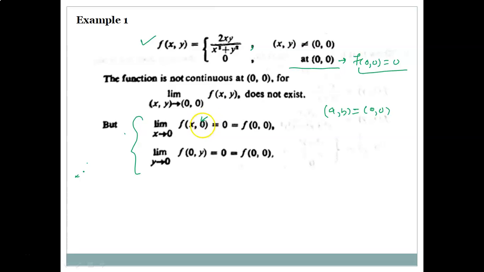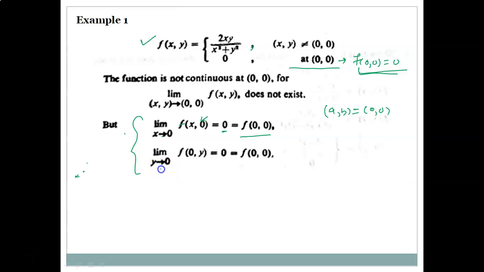When we are fixing the value of y, then we have f(x,y) and limit x tends to 0. What does it give you? You can see here, if we are fixing y equal to 0, 0 here, 0 here, ultimately all the things are 0. So we are getting 0. And incidentally, the value of f(0,0) is also given to be 0. So this thing is 0.